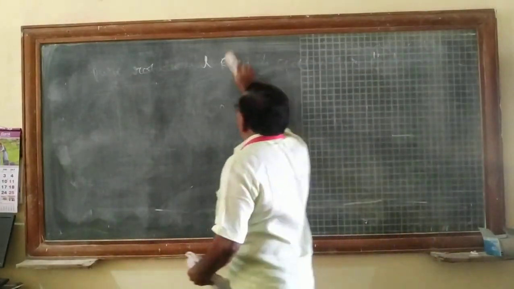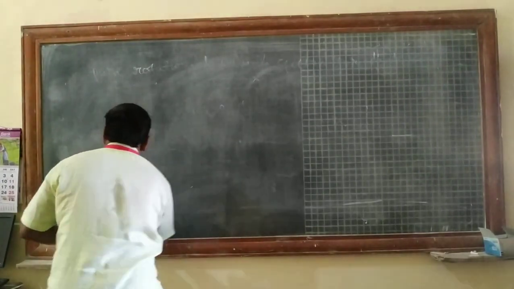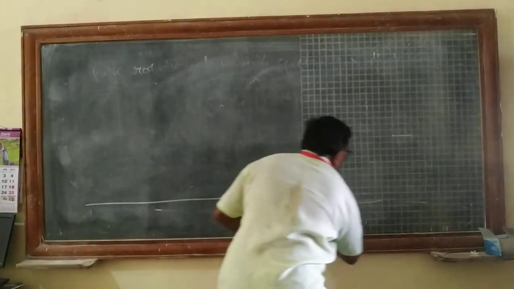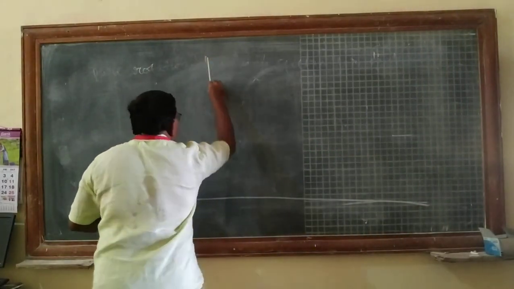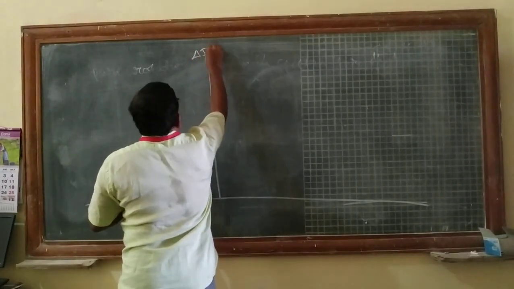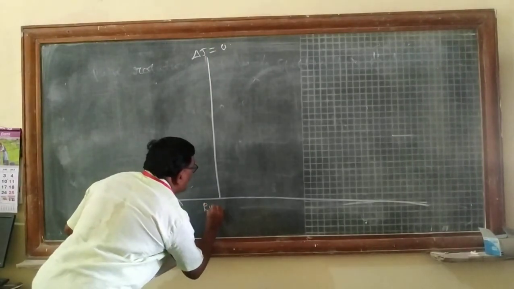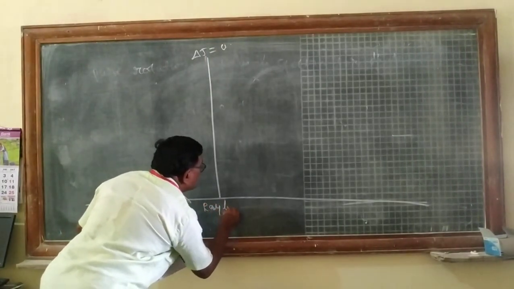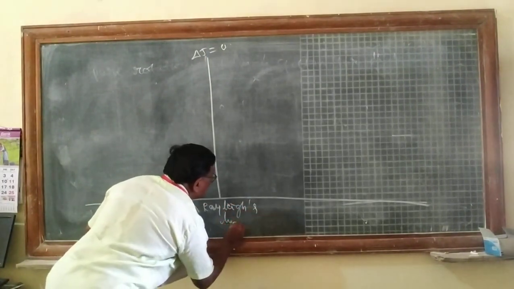At the center there will be a line, which is called delta J is equal to 0. This is called the Rayleigh's line.